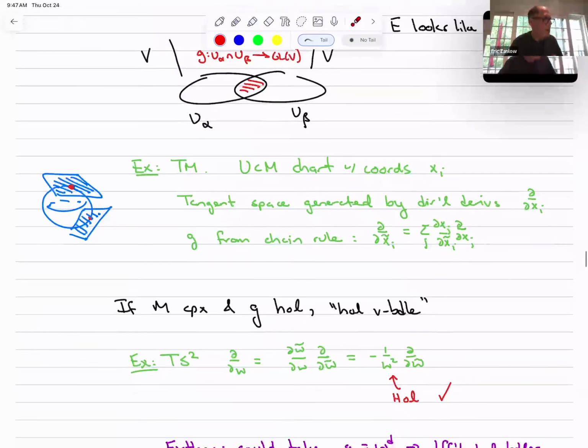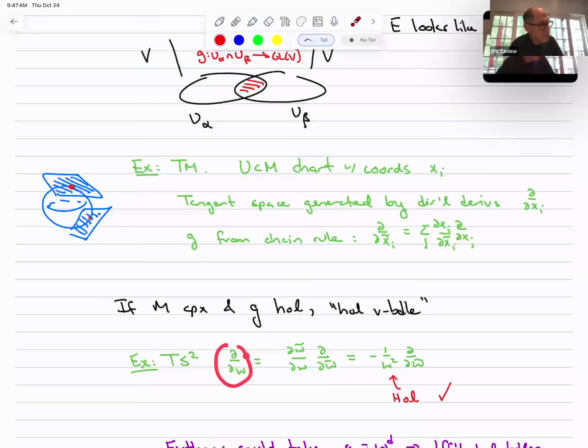And we've met that. We know that the two-sphere is a complex manifold now. We found coordinates for it. The corresponding directional derivatives generate the tangent plane, but there's only one coordinate, so it's just a complex tangent line.